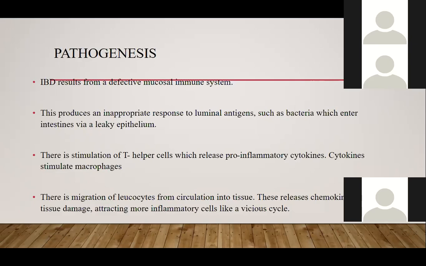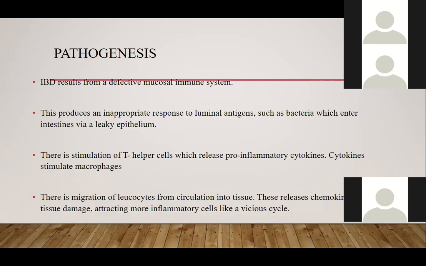So this inappropriate response to the antigens would basically lead to excessive inflammation. And as we know, in the right sense, inflammation is good because the process of inflammation is going to bring the neutrophils and whatnot to the site of damage to mop up the effect of the bacteria and all that.